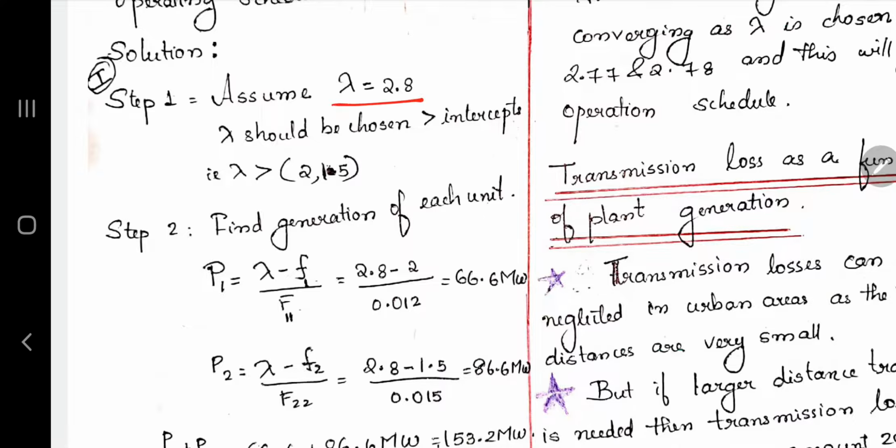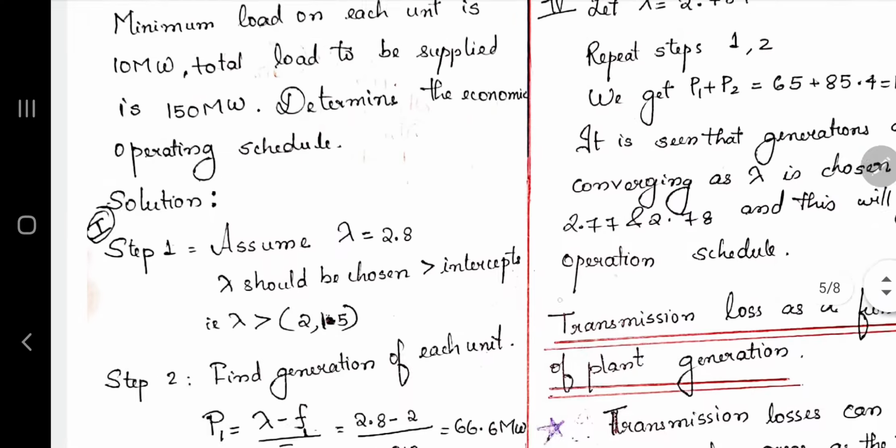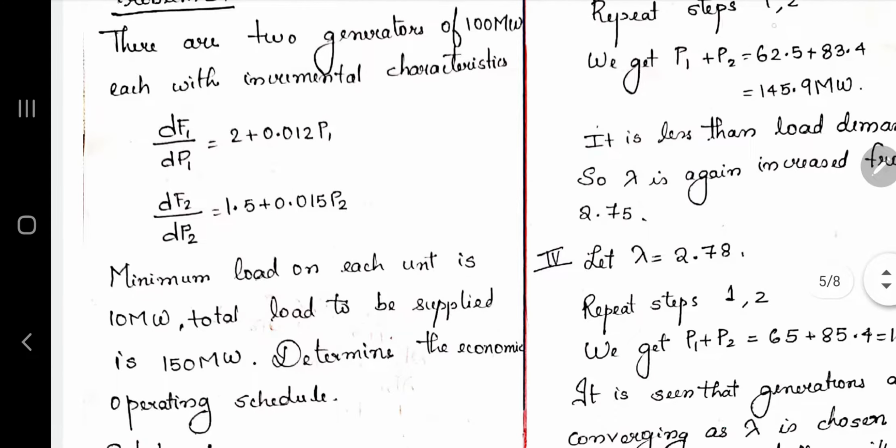Now we go for the second step, in which we have to find the generation of each unit. We can find the generation by using the equation lambda minus Fn divided by Fnn. So lambda is 2.8 minus F1. F1 is the intercept of the first curve, F2 is the intercept of the second curve, and Fnn is the slope of the curve.